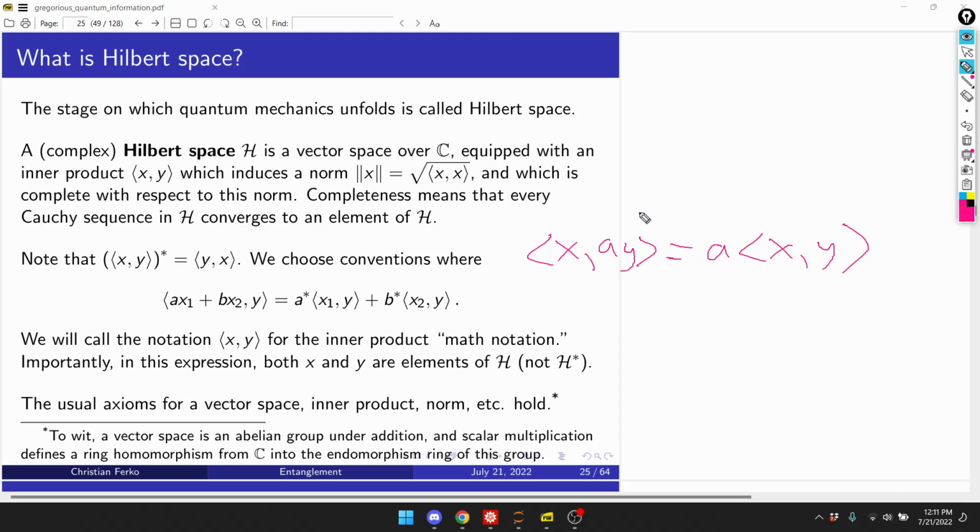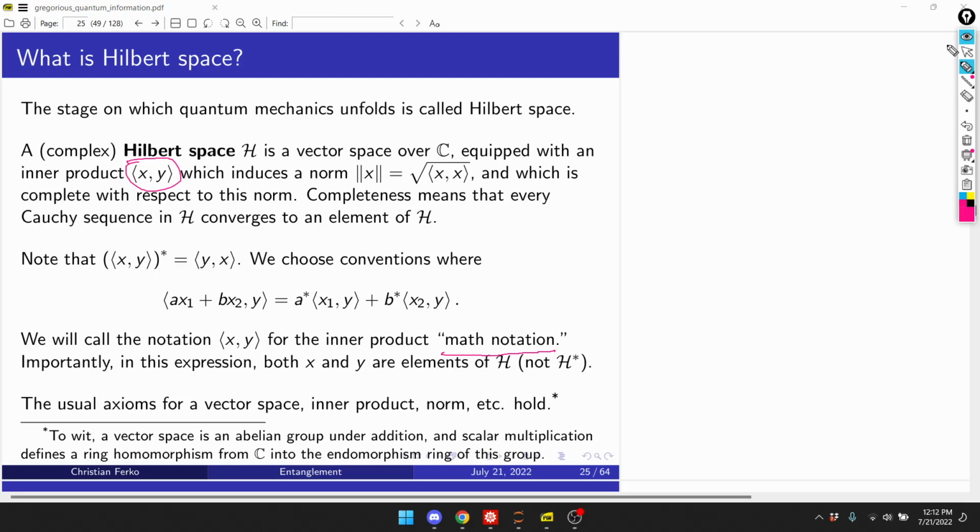So you conjugate if the scalar is in the first slot. You don't if it's in the second slot. Okay. So I'll later introduce a different notation for this. For the moment, I'm going to call this math notation. And the important thing to remember is that since this is an inner product, both x and y are elements of the Hilbert space itself, and not its dual space, which I'll define in a moment.